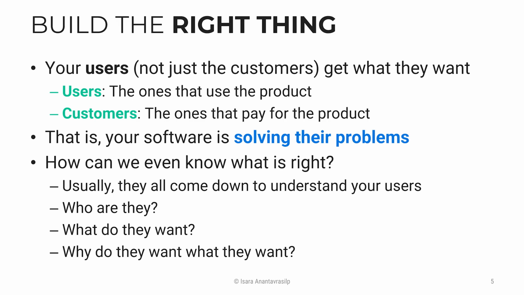Okay, so once you understand what the user wants, how they behave, how they work right now, and how they will work using the software and so on, then you can make sure that the software that you are going to develop does solve their problem. And this is what building the right thing is.